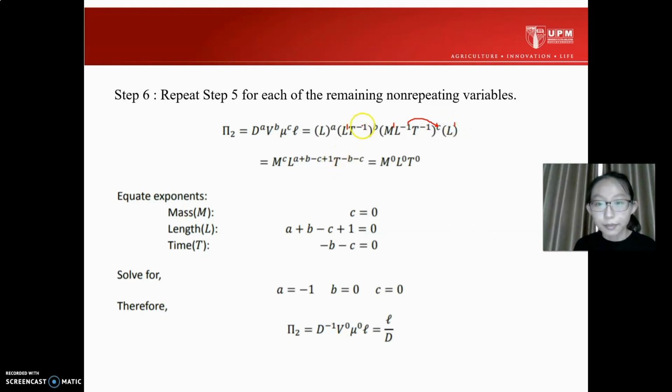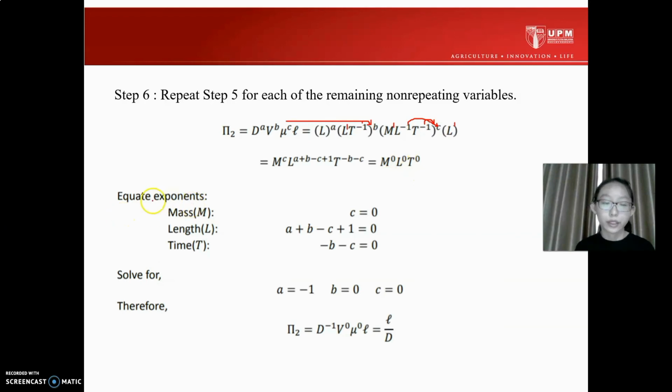T is minus 1. Negative 1 times B is equal to negative B, and negative 1 times C is equal to negative C. So it's equal to M0, L0, T0.